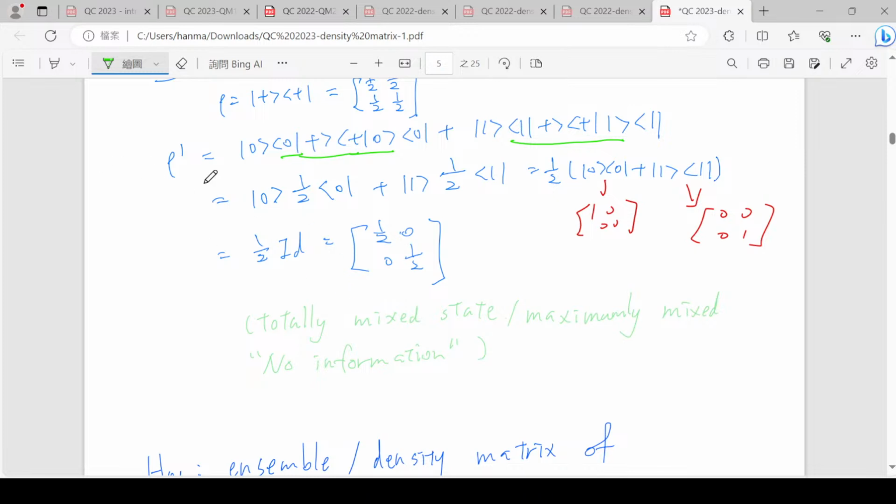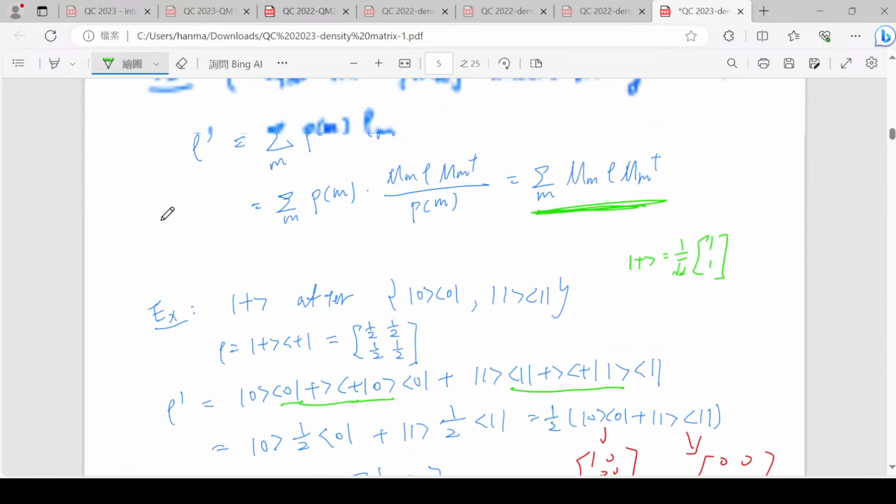Okay. And so totally mixed because kind of it has no bias between 0 and 1. It is 1/2, 1/2. Okay. So it's like mostly the state with the least amount of information or massive amount of information, depending on how you interpret the information. Yeah, and but there's a really cool thing about this.